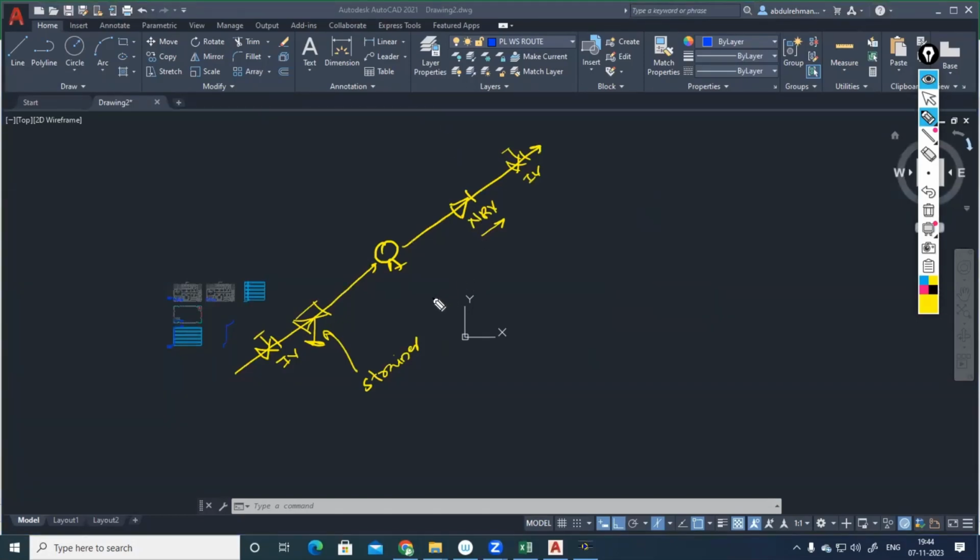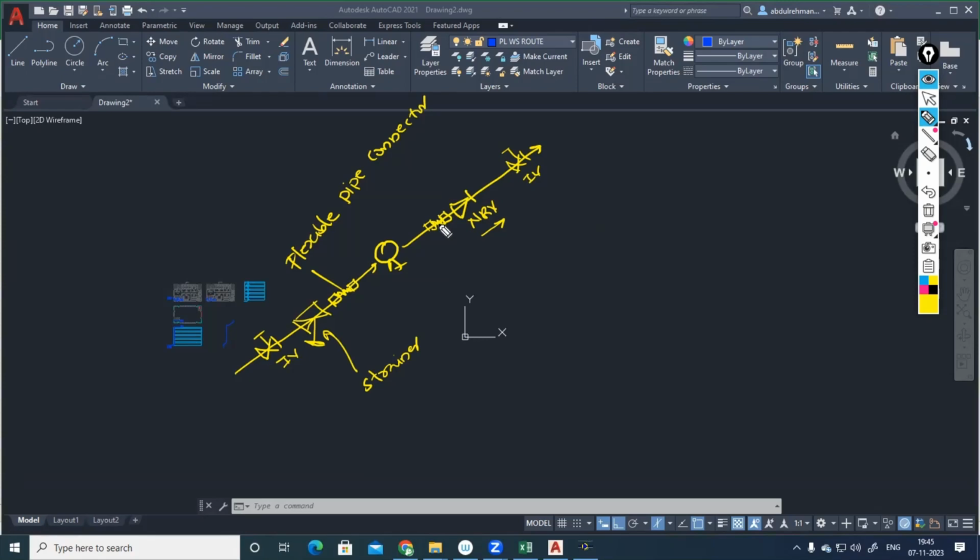Okay. The next one, after the strainer and NRV, we'll be having a flexible pipe connector, and a union also will come, to connect it. Flexible pipe connector. Why? Because the pipe is rigidly fixed, and the pump as well.